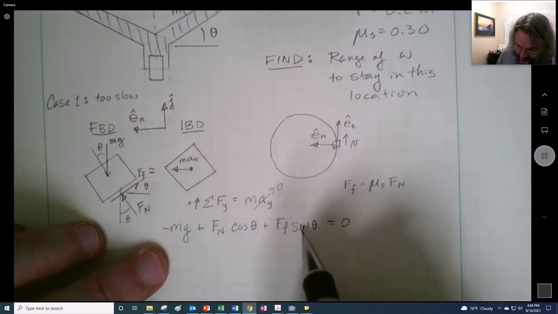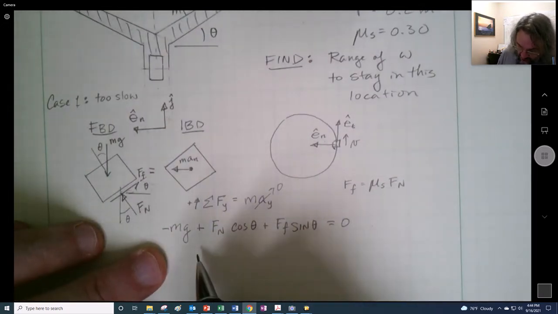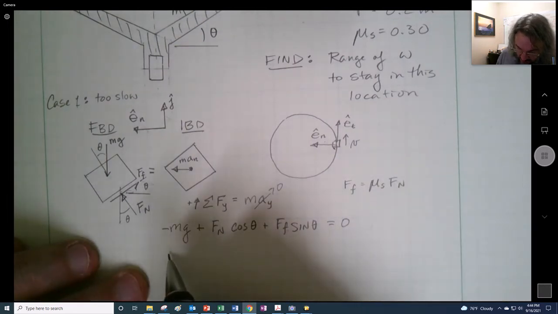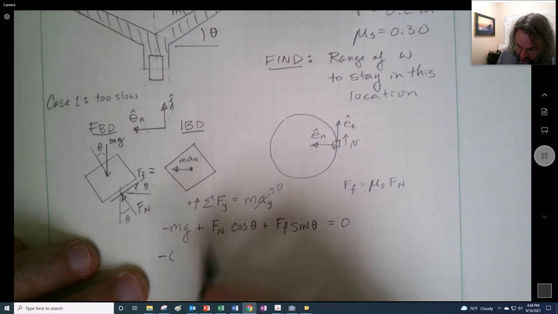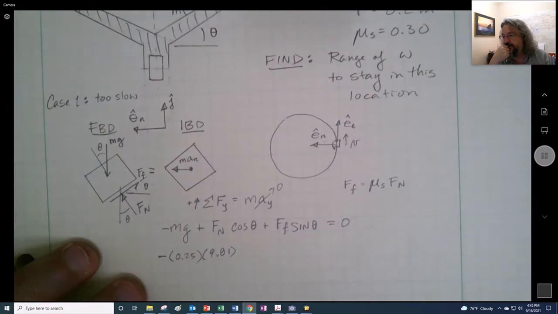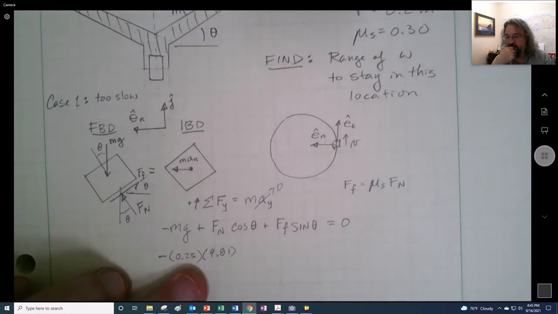We can replace this Ff, and we can put in some values. So let's go ahead and do that. I've got negative mg, and I've got 0.25 right here. Let me tell you something: by putting in this value right here, it's going to work out, but it's also not going to show you something I know to be true.